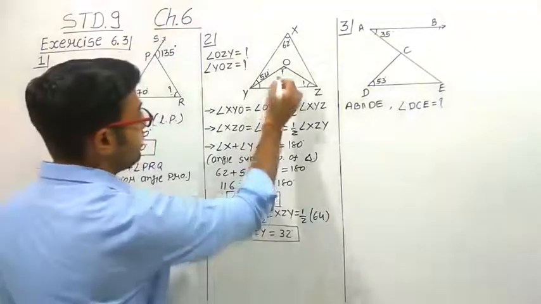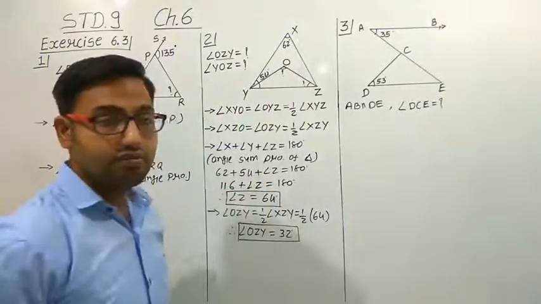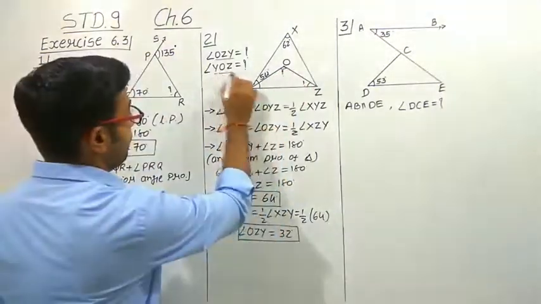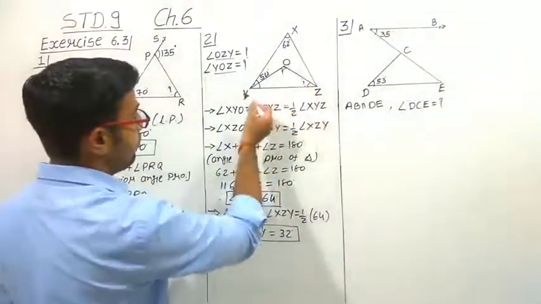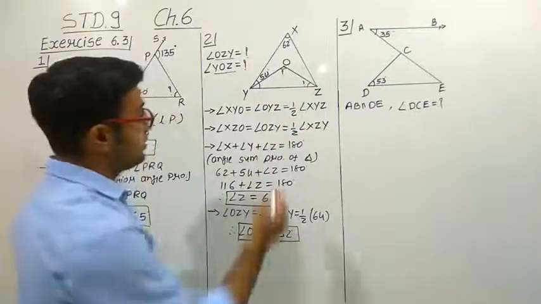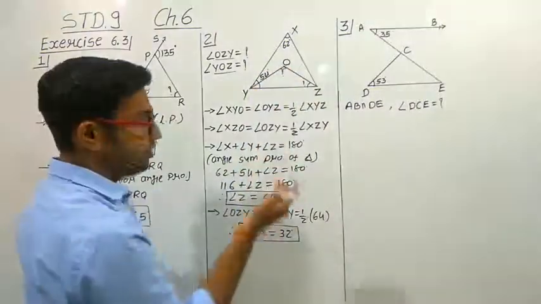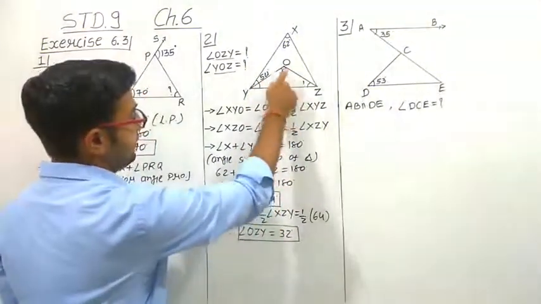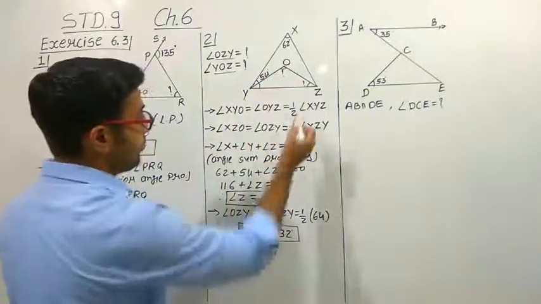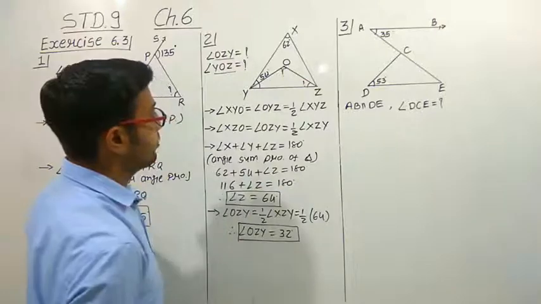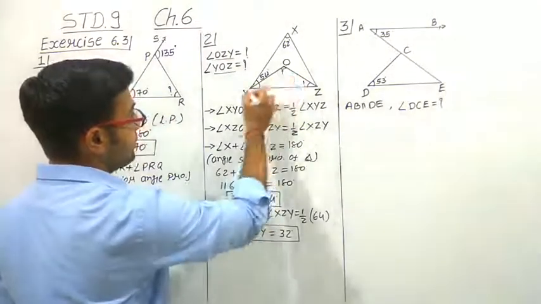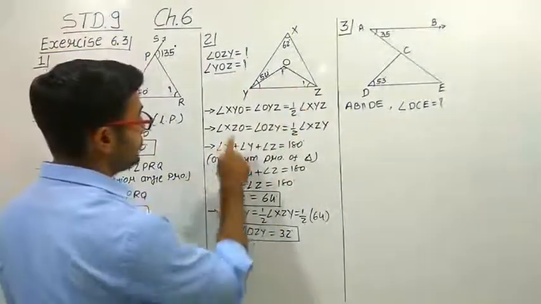Now to find the value of YOZ, see, there is another triangle created here, OYZ. If we have two angles of this triangle, then we can find this value. But here we have only one angle value, that is OZY, equal to 32 degrees. Now we can find the value of OYZ.